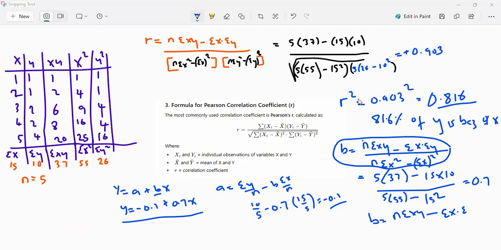Yes, it's similar. Except there you first need to calculate the mean of x and subtract it from each of these ones here. There are 3 different formulas that you can use. Okay, I love this one because it's easier for exam purposes. Any other questions?